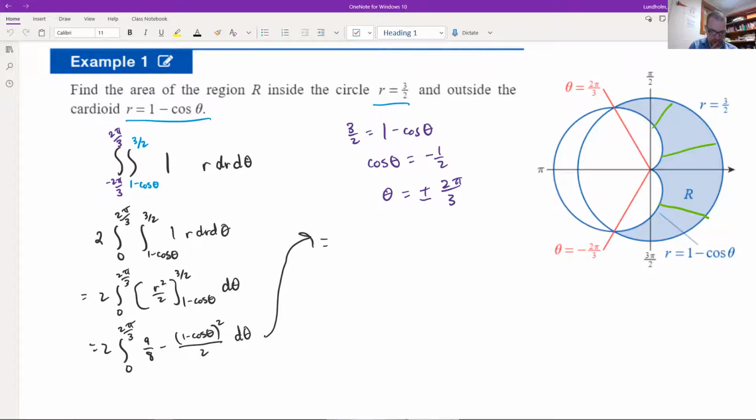So if we multiply that 2 in, this becomes 9/4. And those 2's cancel out, so we just have the top part. But let's go ahead and multiply that out. We would have 1 minus 2 cosine theta plus cosine squared theta. Cool. And then we still got to write the d theta.